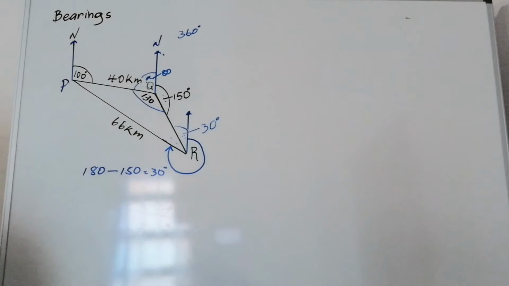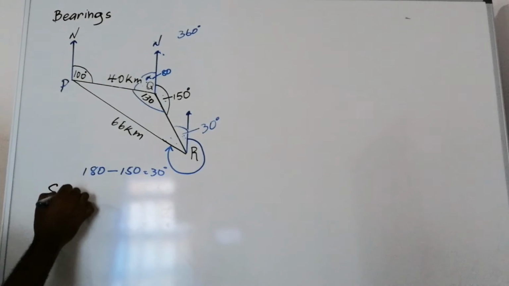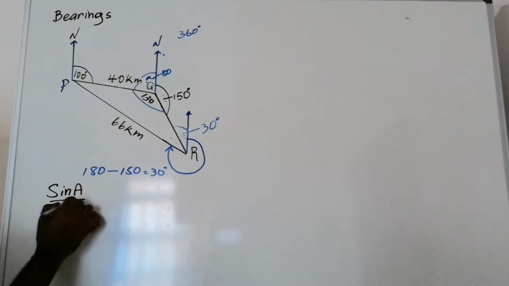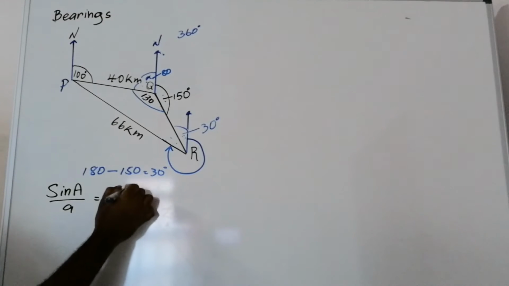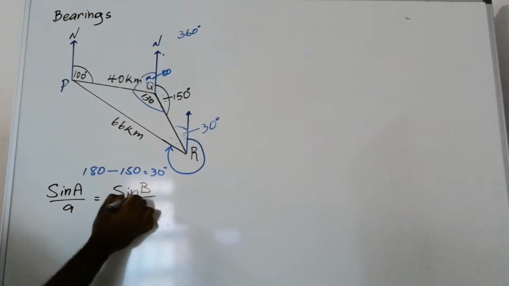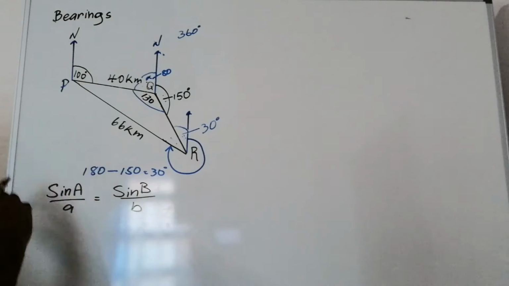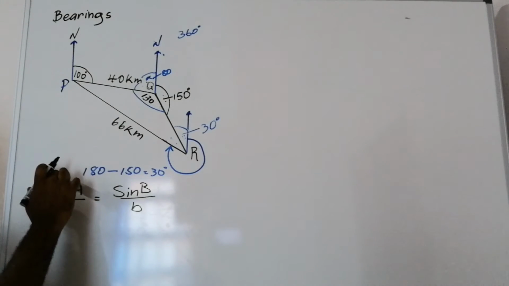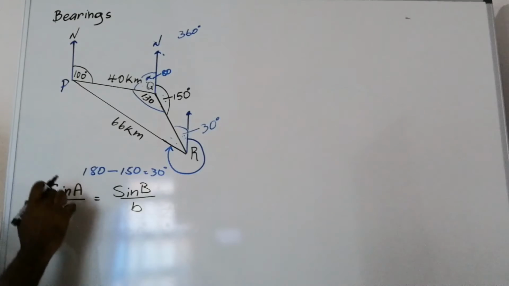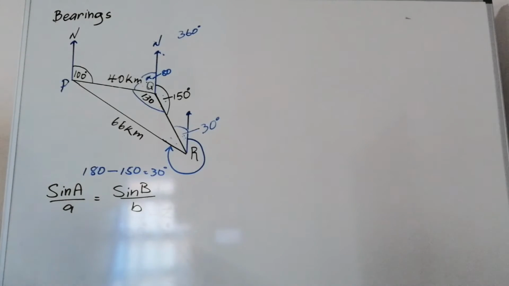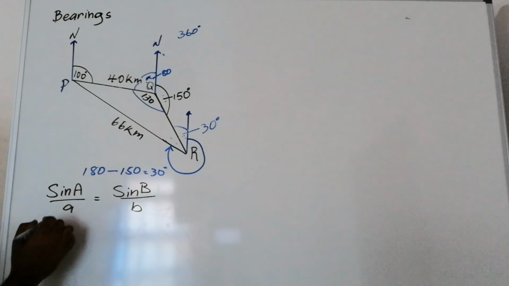The sine rule says that sine A over A is equal to sine B over B. Alright? So let us start with a given angle and a given side. We have this given angle of 130 degrees.